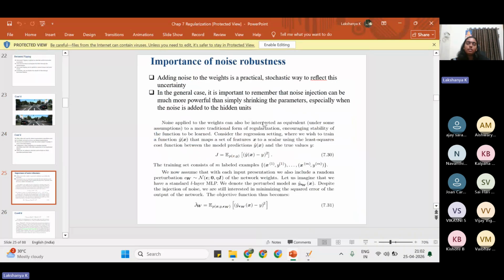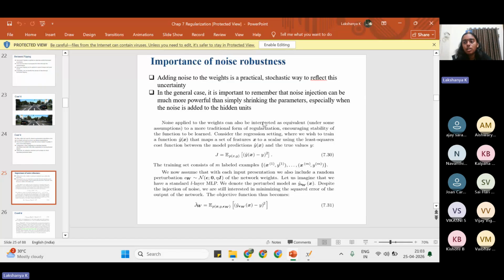Noise robustness. So the meaning of noise robustness is when a small amount of noise is injected or a small change happens in your inputs, your model should not end up with an exploding change in the output, like a small change of numbers in the input.